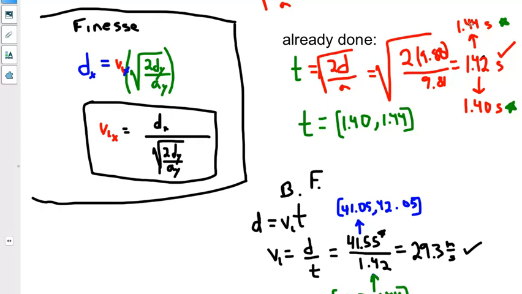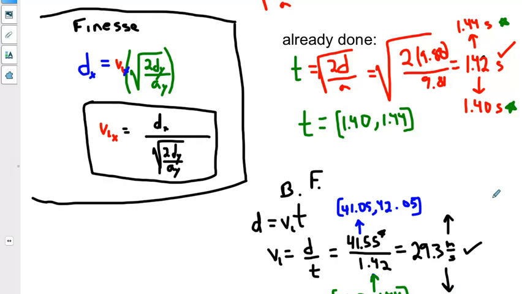So just like you did before, you're going to have to do this d over t twice. Only twice. Don't do it 4 times. And so here's the challenge. What numbers will you use? The key to understanding this is you want to use the numbers that will give you both the biggest VI and then the numbers that will give you the smallest VI.